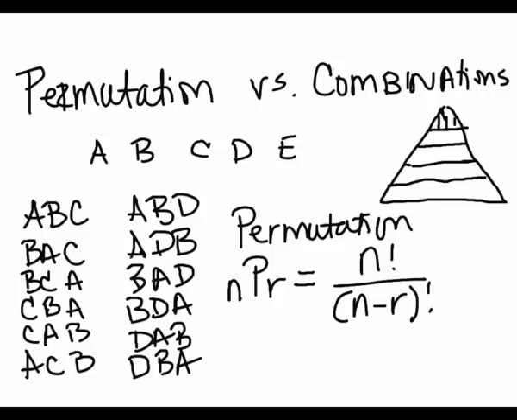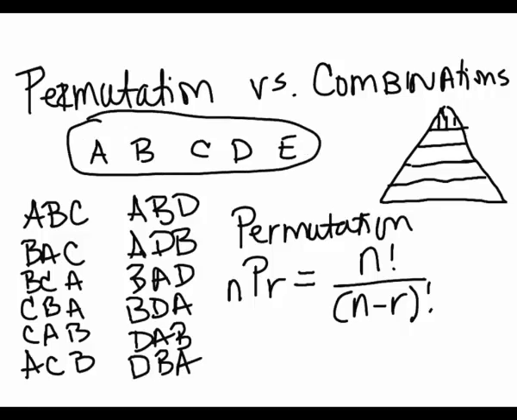Now, what do n and r stand for? Well, in this example, n would be 5, because I had 5 CDs to start off with. But I only chose 3, and that's what your r is. I only chose 3 to go in the top tier. So n is how many you have total, and r is how many you're choosing to switch the order of.